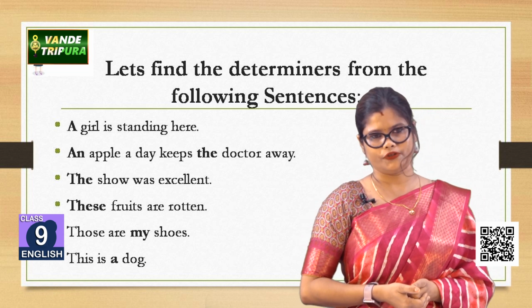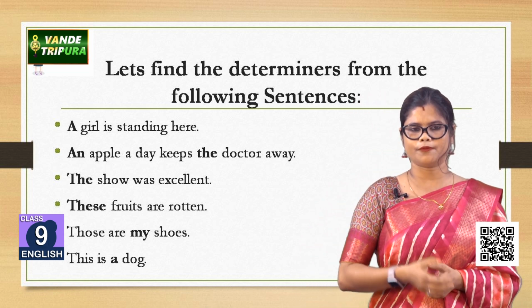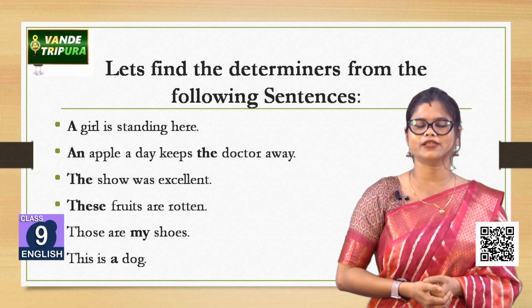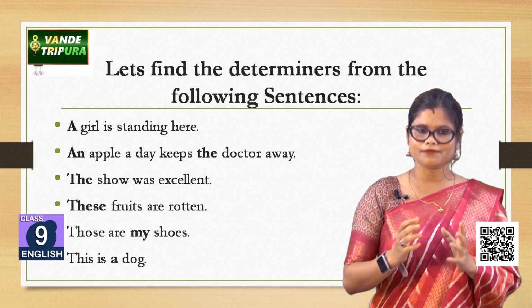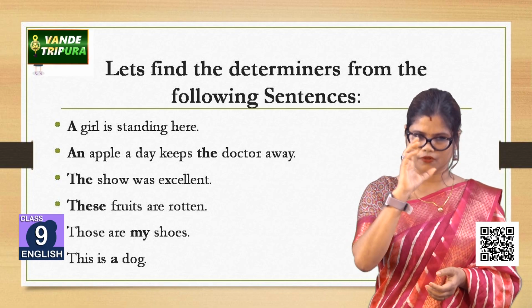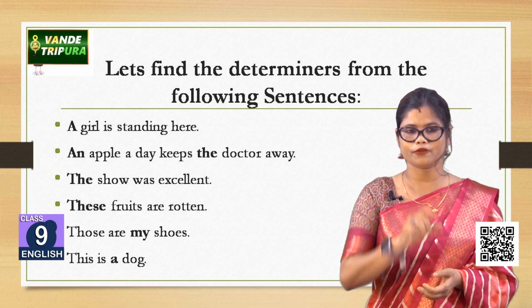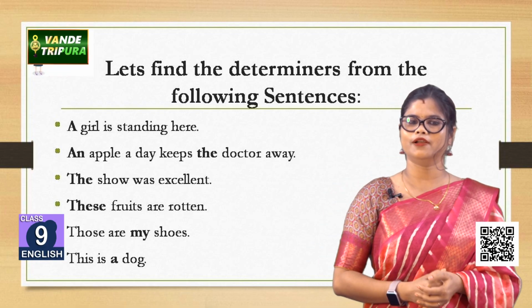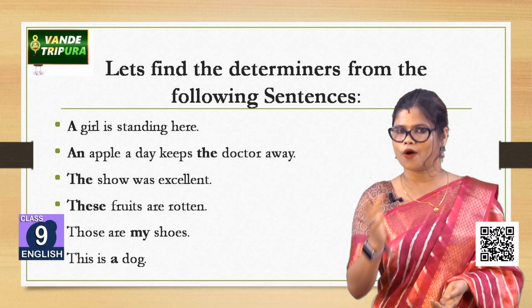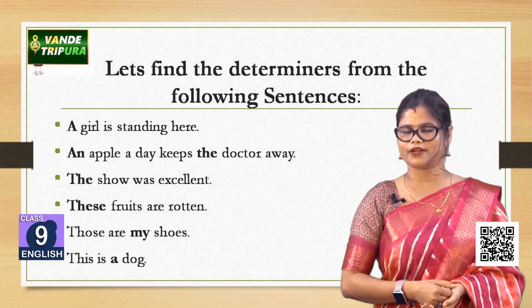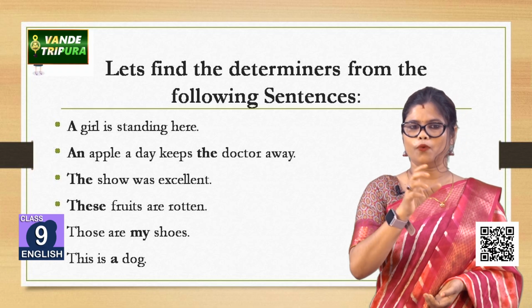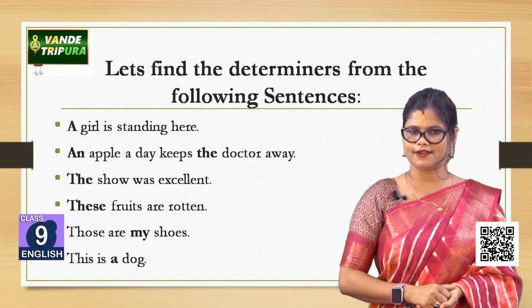Those are my shoes. Now you may get confused, some of you may tell me that those is a determiner, but no, those is not a determiner. In some sentences we see that the word those is used as a determiner, কিন্তু এই লাইনে determiner নয় এটা। কেন? Because we know the rule that after the determiner the noun comes, কিন্তু এই লাইনে those শব্দটার পরে তো আমরা noun কে পাচ্ছি না, আমরা পাচ্ছি একটা auxiliary verb are. So what is the noun here in this sentence?